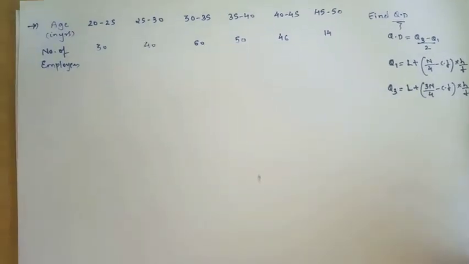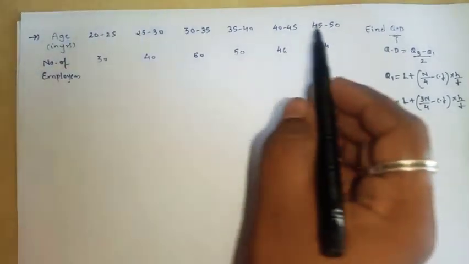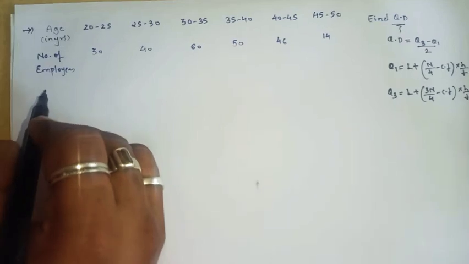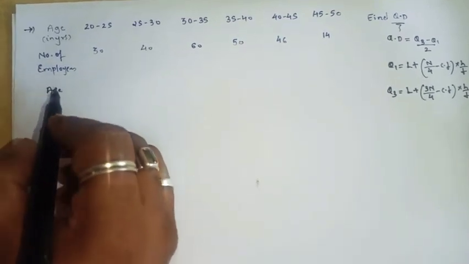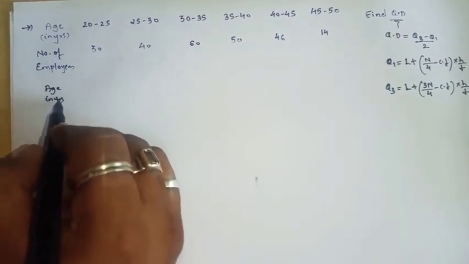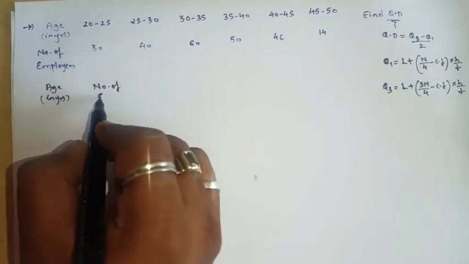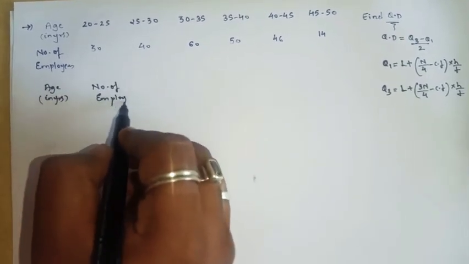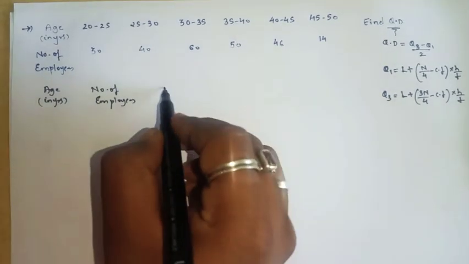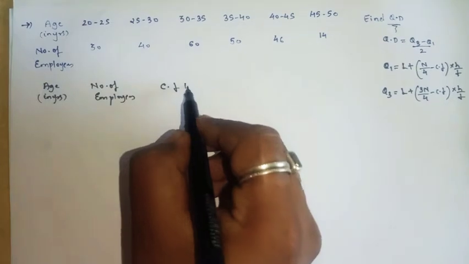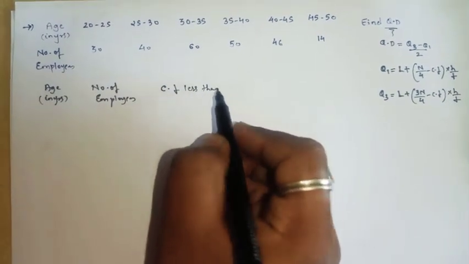Now, as here we have ages, this is known as class and this is known as frequency. So we'll write age in years. The second column is number of employees. And in the third column, we know that we have to write cumulative frequency less than.